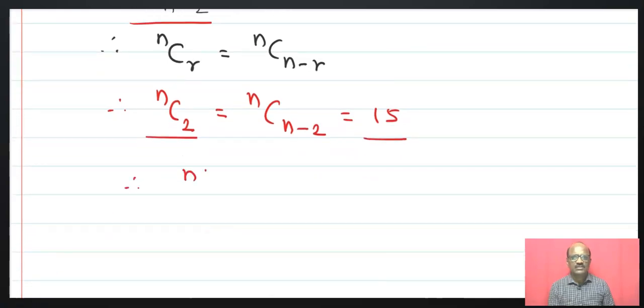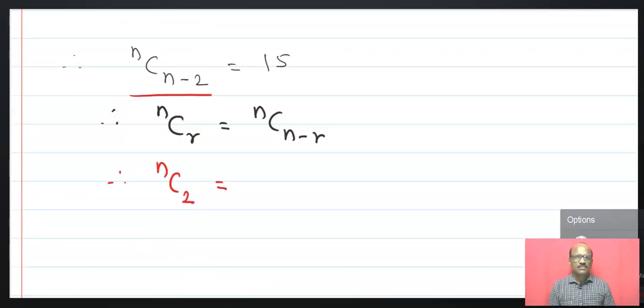Now see this, it's an important one. This is the formula, nCr is equal to nC(n minus r). Means what here? This is the 2 here. Therefore we take here nC2.